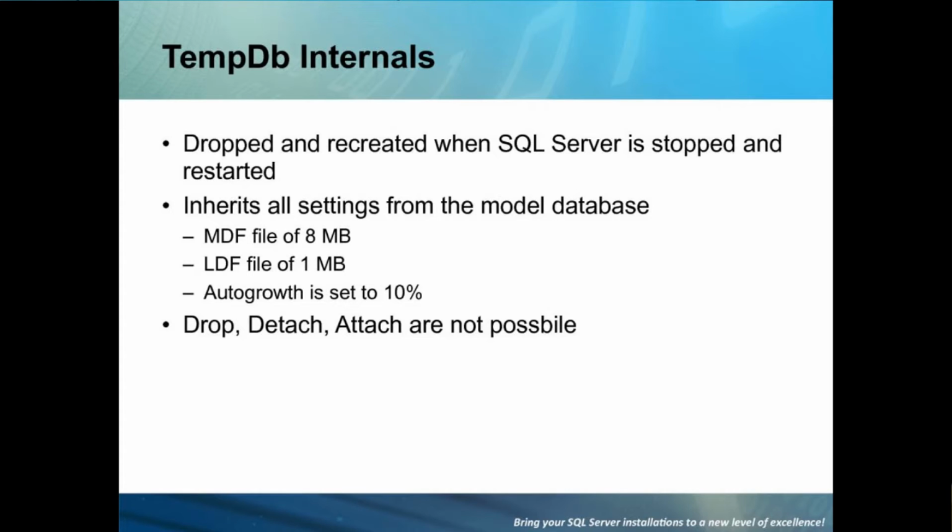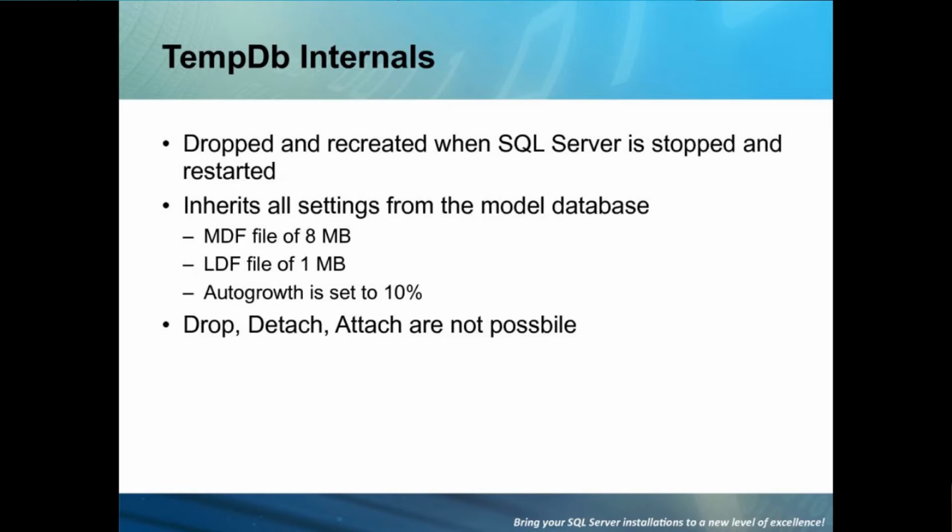Means when we're restarting SQL Server, maybe we had a TempDb with 1 gigabyte of data, SQL Server again allocates a data file of 8 megabytes. So when we know that our TempDb grows over time, for example to 1 gigabyte, it's a good thing to change those default settings, because they are just crazy.